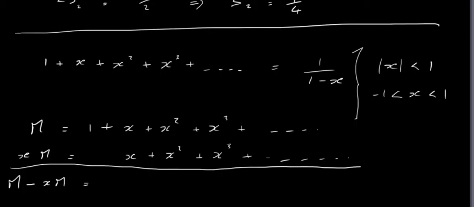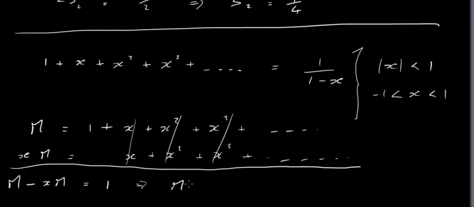So that will just give me 1 here. x minus x, that's just going to give me 0. x squared minus x squared, that's going to give me 0. x cubed minus x cubed, that's going to give me 0 as well. So I'm just left with 1 on the right hand side and m minus xm on the left hand side. Let's just factorize the left hand side.